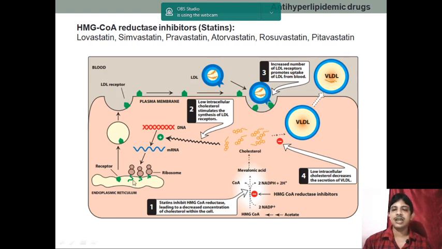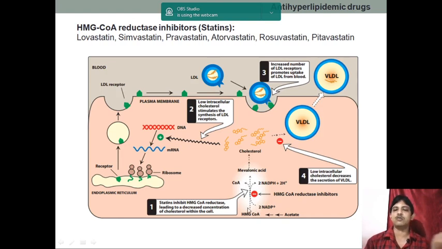This acetate is converted through different steps into HMG-CoA. Then, in the presence of HMG-CoA reductase, it is converted into mevalonic acid, and again mevalonic acid, through different steps, is converted into cholesterol. So this is the process, acetate to cholesterol, and the important enzyme here is HMG-CoA reductase.